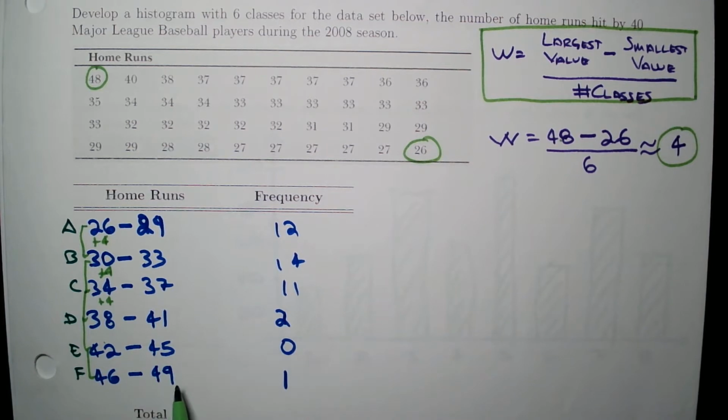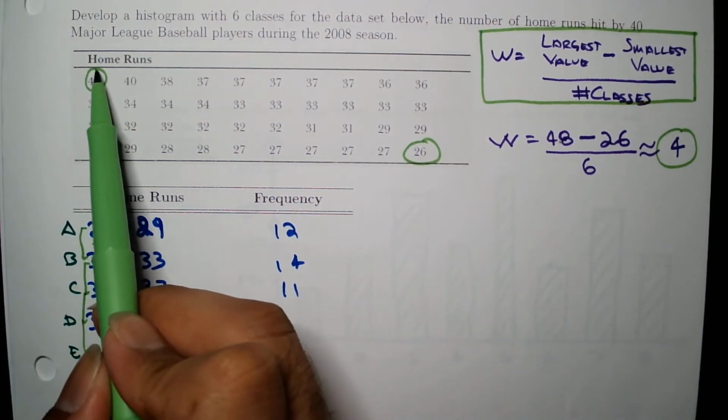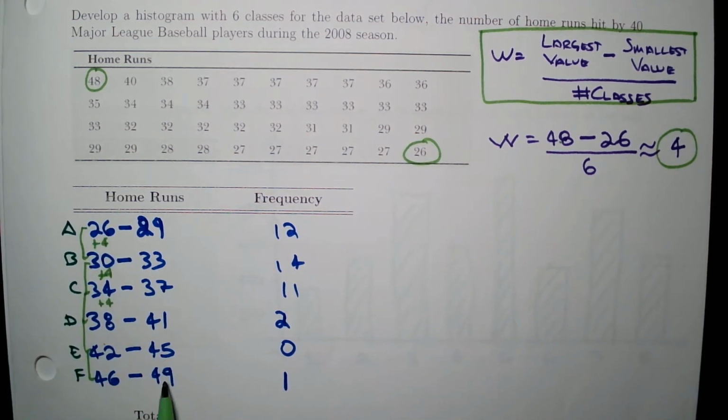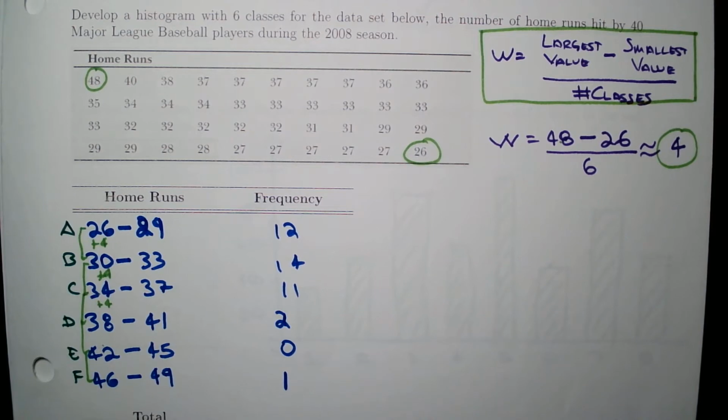In this case, the highest upper bound is 49, even though it doesn't go all the way up, but at least it's going to cover the largest of the observations, which is 48, contained in this class. And then what are we going to do?